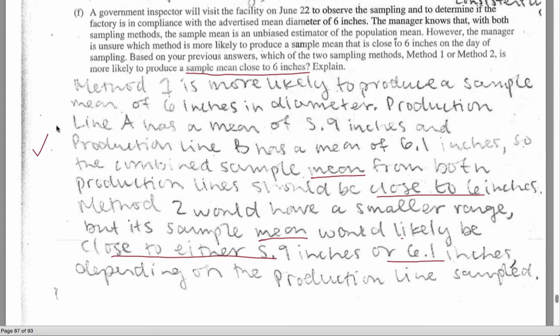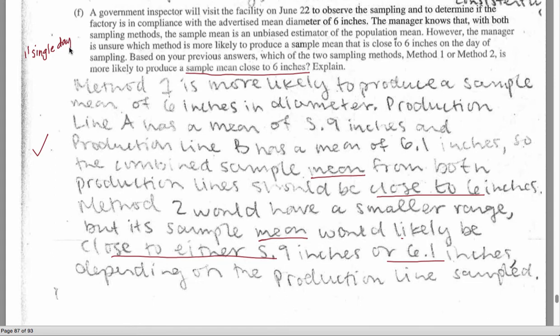They are saying that it's going to be closer to 6 with method 1 because with method 2, the mean is more likely to be either closer to 5.9 or 6.1. This was considered what rubric writers called the single day argument.